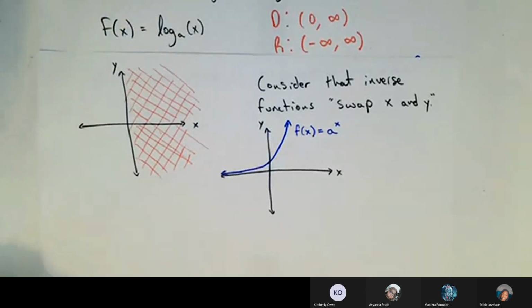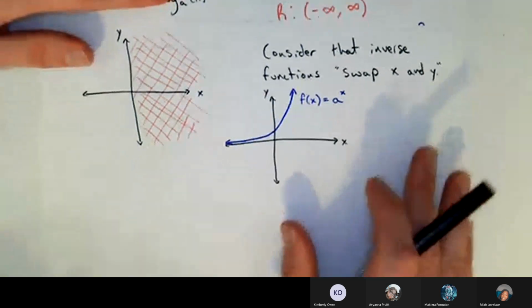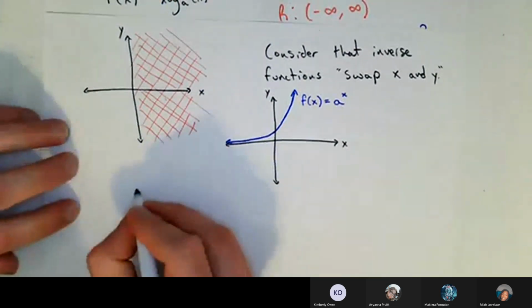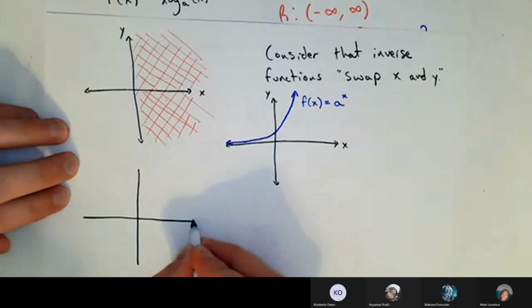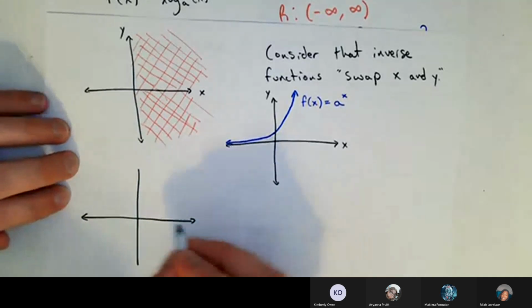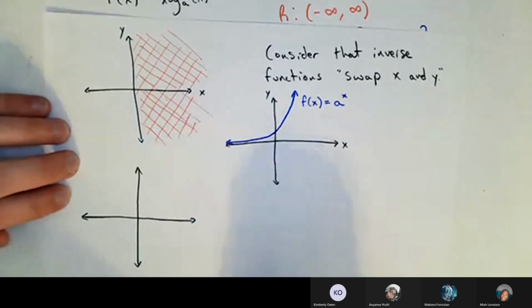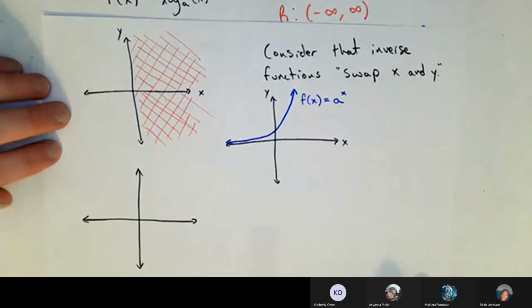I want to be careful about this. And then what I want to do is swap the x's and the y's and make them change places. Then what will the function end up looking like?